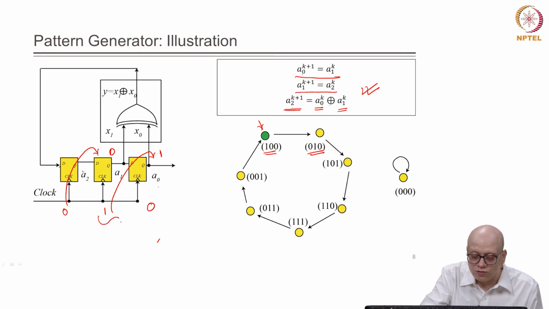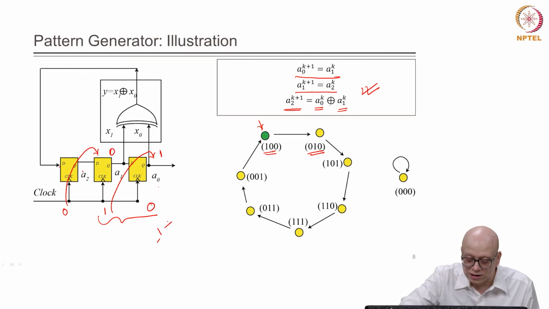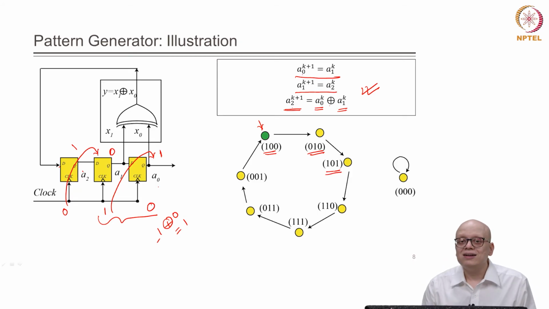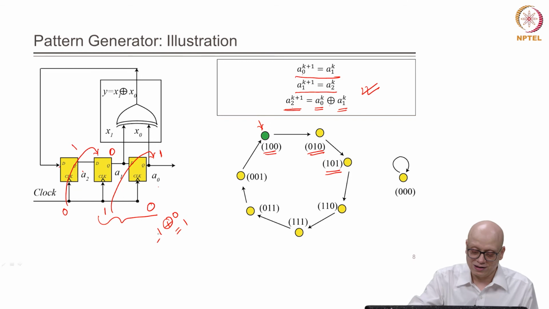It will be the XOR of 1 and 0, which is 1. So, the next state will be 1 0 1. This way we can see how the states will be traversed for an LFSR.